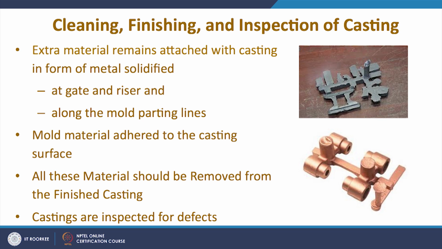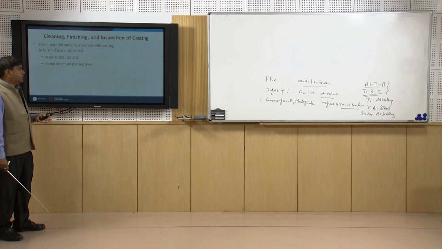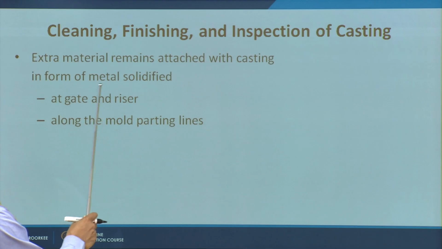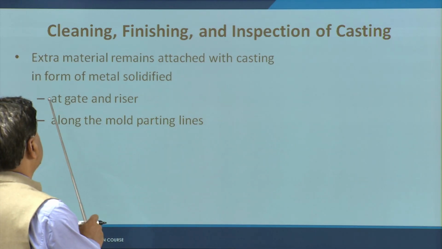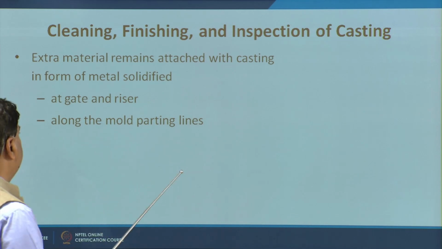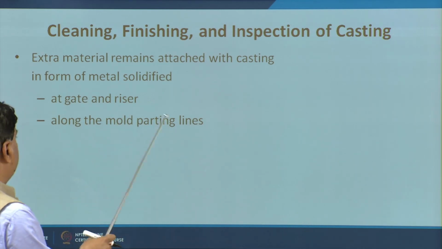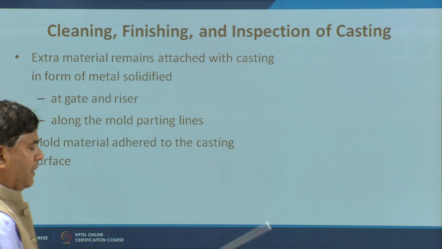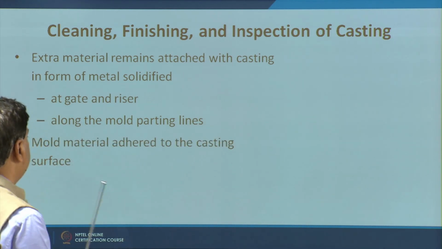So, these must be taken care of, and for that purpose we need to remove all these undesirable parts from the casting, and remove the unnecessary fins and projections, and for that purpose cleaning is required. So, extra material remains attached with the casting in the form of solidified metal at the gate and riser, along with metal at the parting line also remaining attached with the casting.